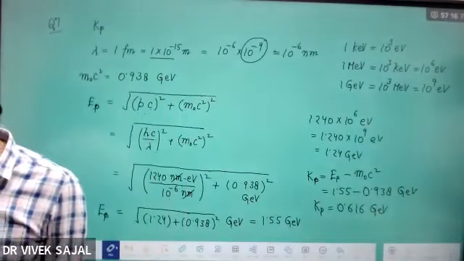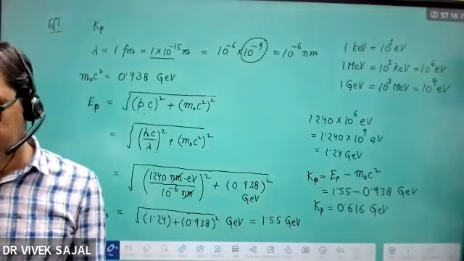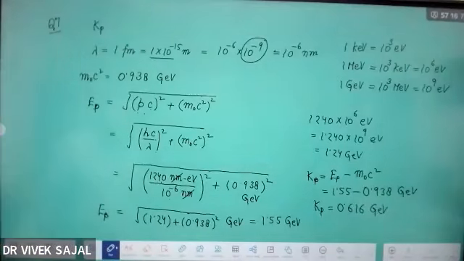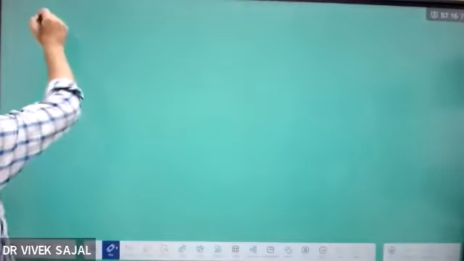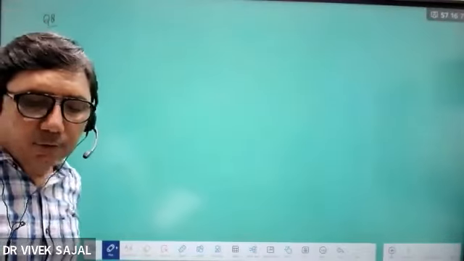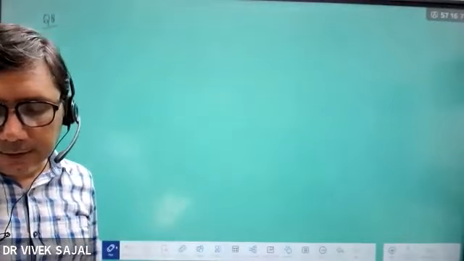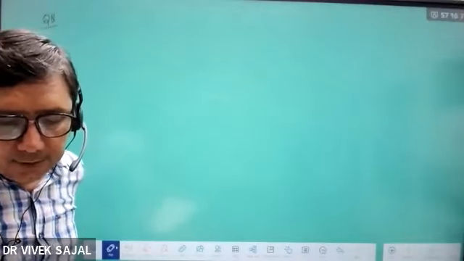Next question. Question number 8. The de Broglie wavelength of an electron in the Bohr orbit is estimated to be 1/5 of its radius.